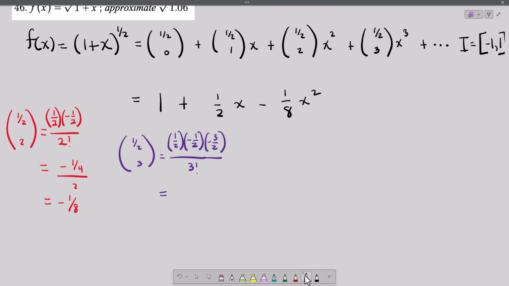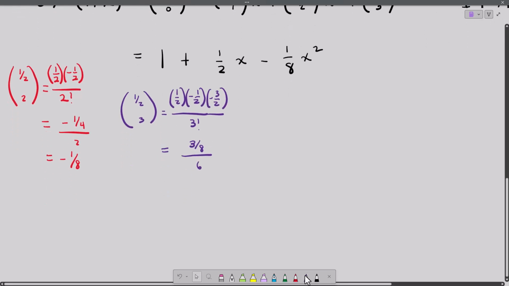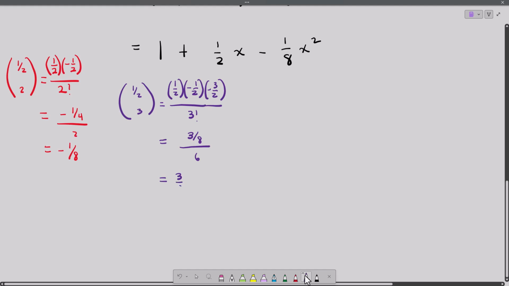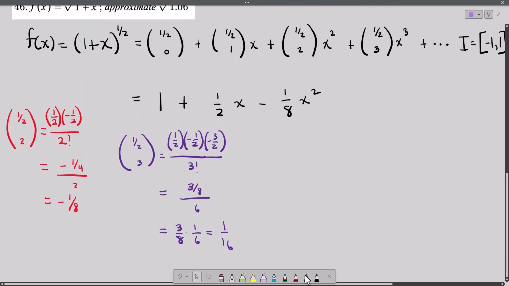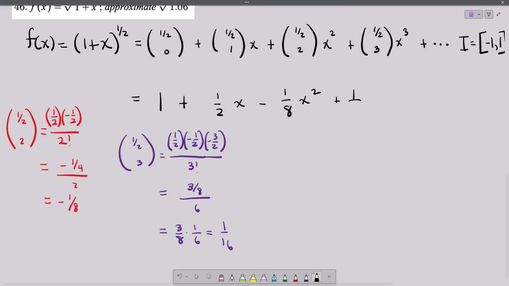So our numerator is now positive. It's going to be 3/8. The denominator is 6. So when we simplify this, dividing by 6 is multiplying by 1/6. We get a 2, so we get a 16th. So that is going to be our power 3 coefficient. So 1/16 times x cubed plus etc. This goes on forever. So that is our series expansion.